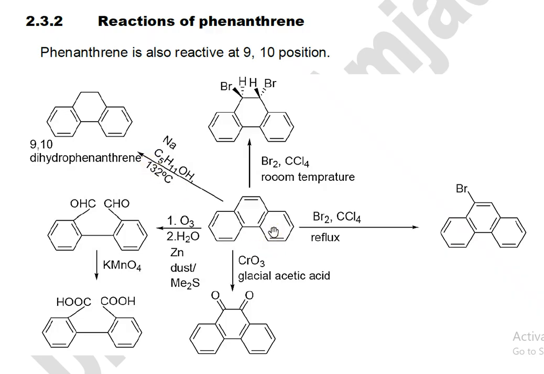The reaction also at reflux, just one bromination will happen here. The reaction with Cr2O3 or CrO3 oxidizing reagent is an oxidation process. Reaction with ozone gas in a two-step reaction with H2O gives you this compound.